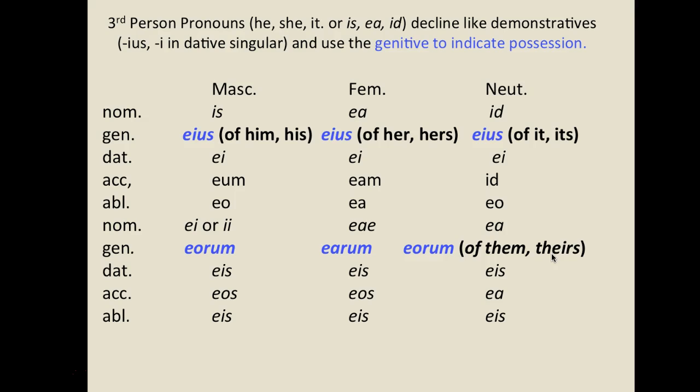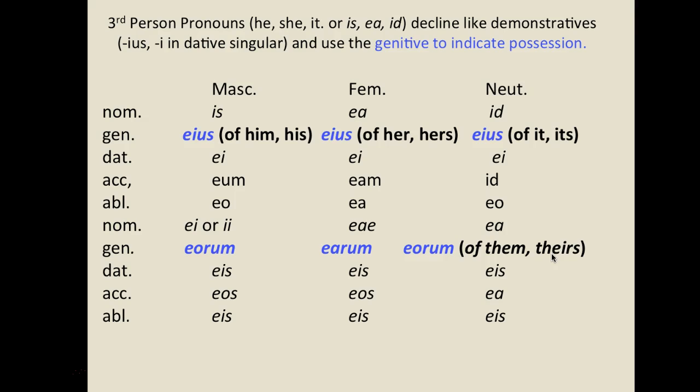Like demonstratives, you'll notice that there's ius in the genitive singular and i in the dative singular. I have the genitives highlighted in blue here because there is not a corresponding possessive adjective for third person.